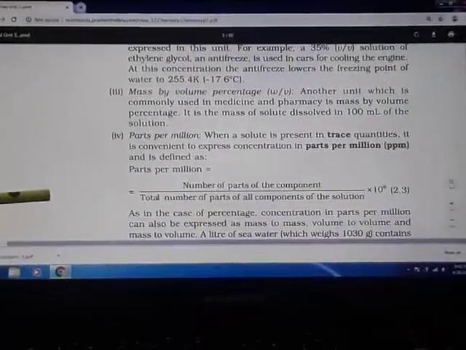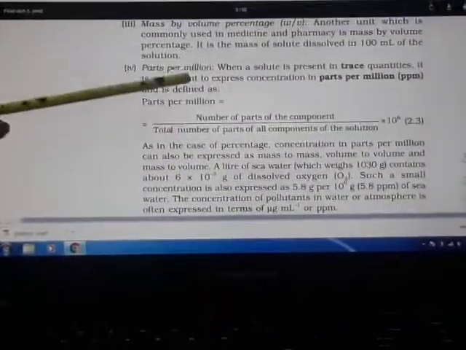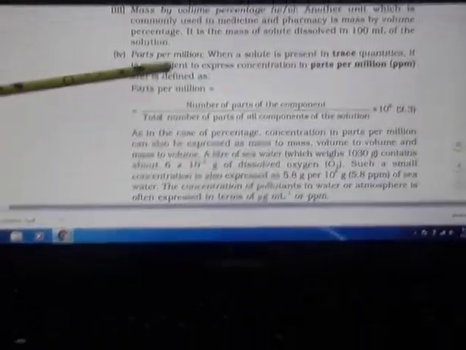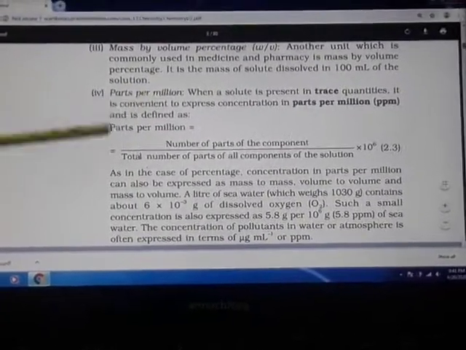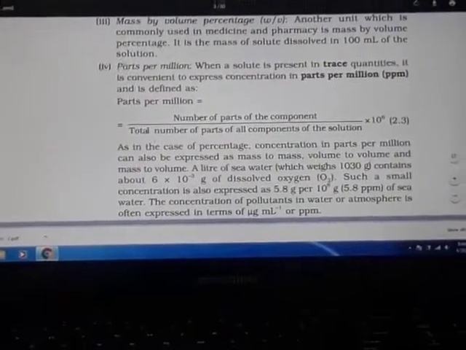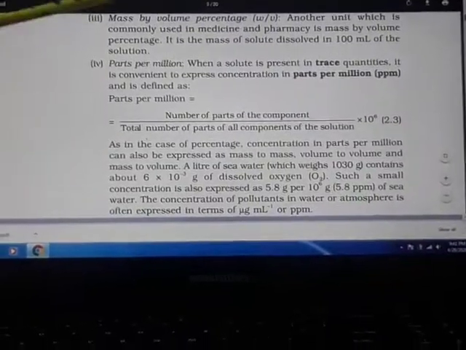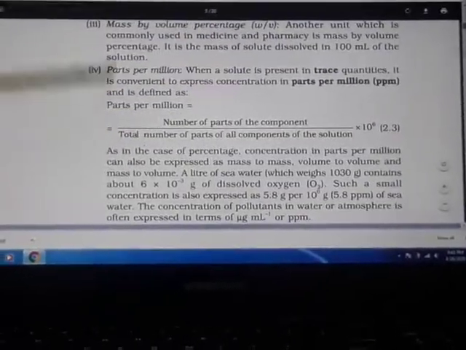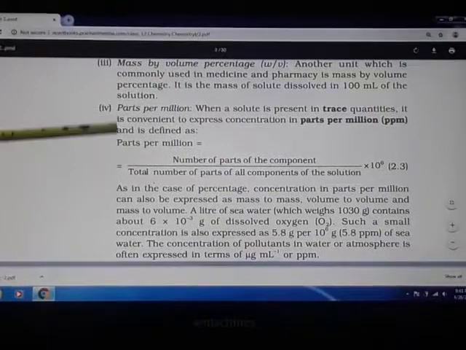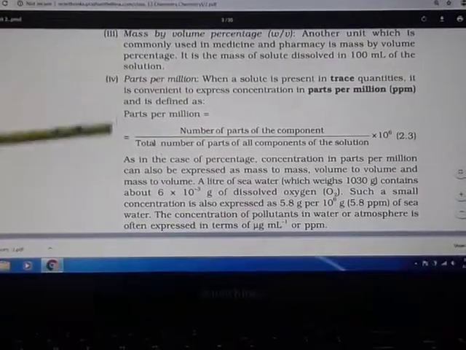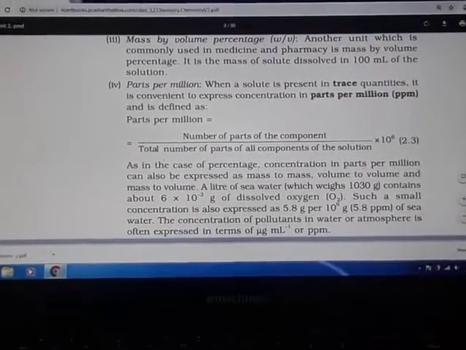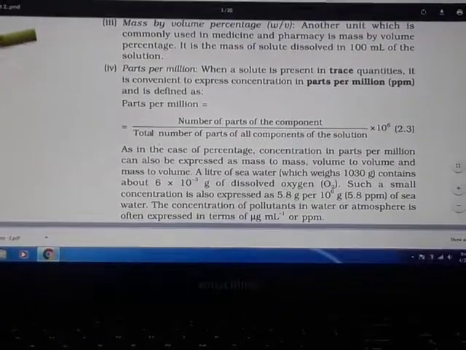Next one is parts per million, also known as ppm. This is one of the very important expressions for concentration. You will find the amount of heavy metals and chlorine and all these substances in drinking water expressed in terms of ppm. You must have heard that not more than 1 ppm of fluoride is recommended for healthy teeth in drinking water.